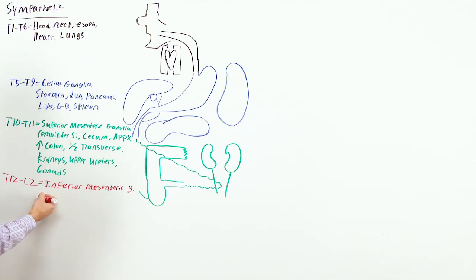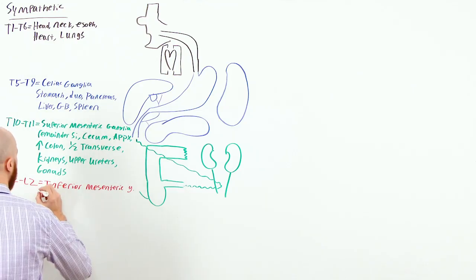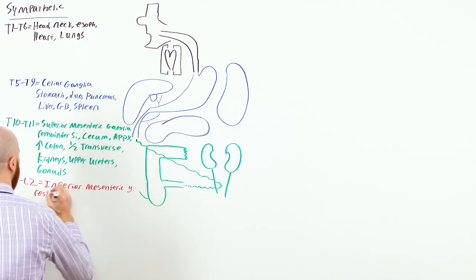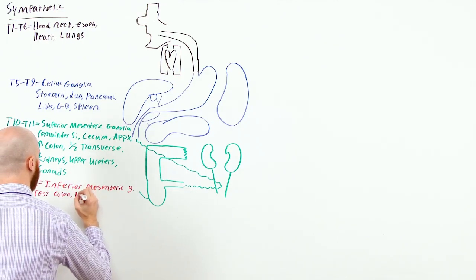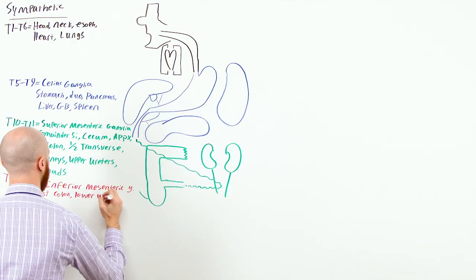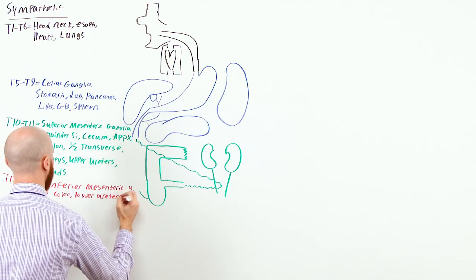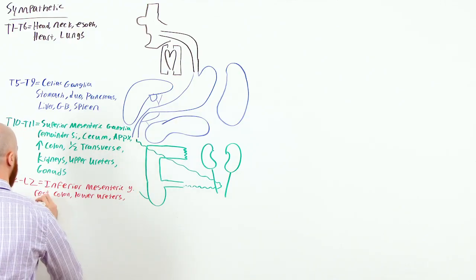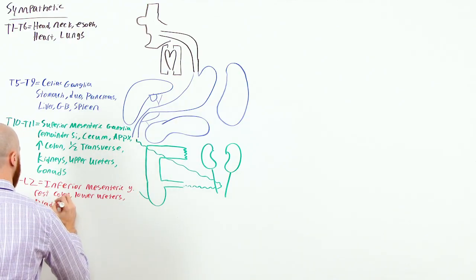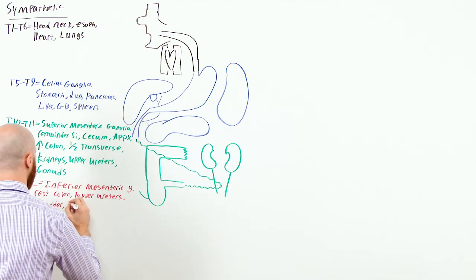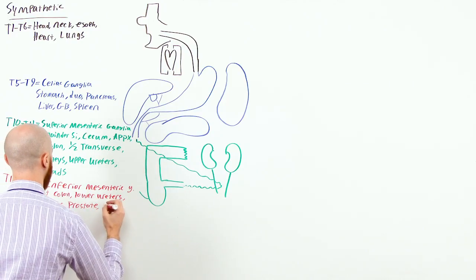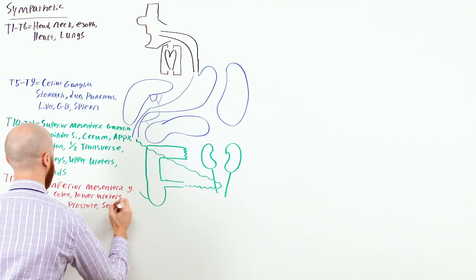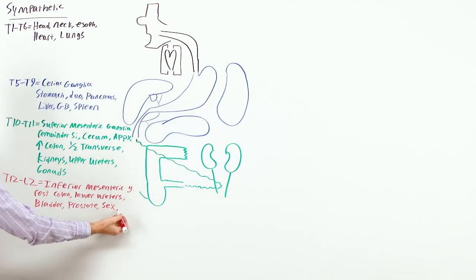When you're thinking of structures that are going to be innervated here, think of the rest of the colon, the lower ureters, the bladder, the prostate, and the rest of your sex organs, excluding the gonads.